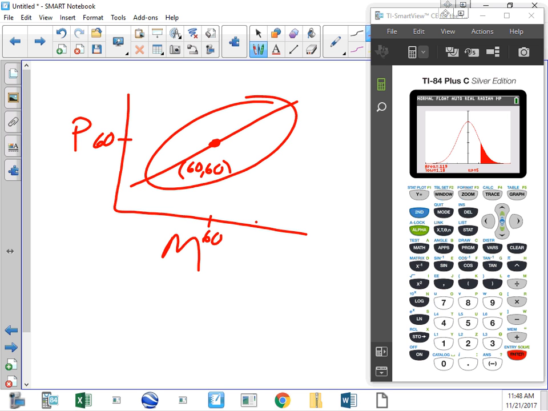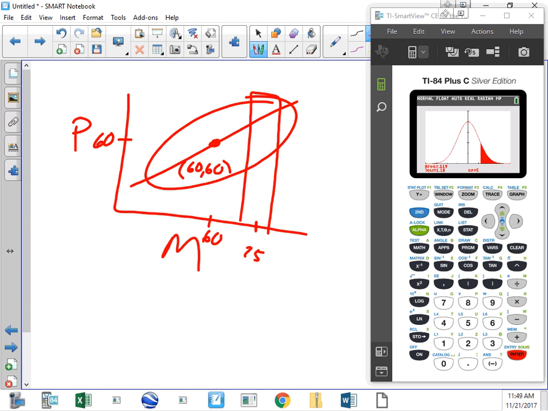So if we go over here to 75, we only look at those kids. On average, would those kids average 75, more than 75, or less than 75? It's less. It has to be less.